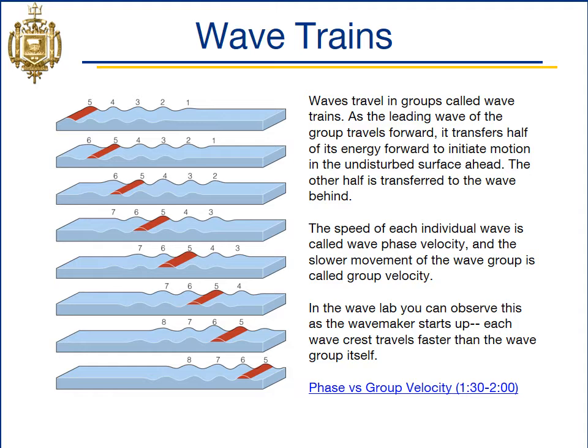And what we'll find is that the group speed is always less than or equal to the phase speed, or the individual wave speed, which means that when you see this visually, you'll see some individual waves appear to catch up to the group from behind, and then you'll see other individual waves appear to run out of the group in front. So it's this constant, waves are running into the back and running out of the front of the group, and the group is continuing to move along.